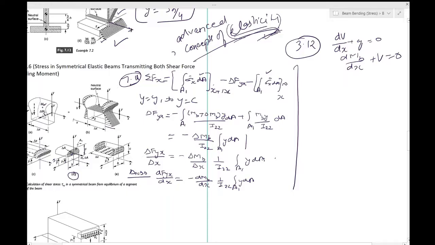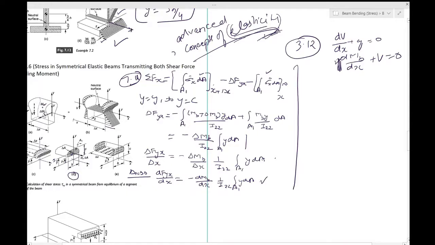If you remember, V was the shear force which was acting on this differential area. The other side of the differential area had a V plus delta V shear force. Now we want to make this substitution in this one.